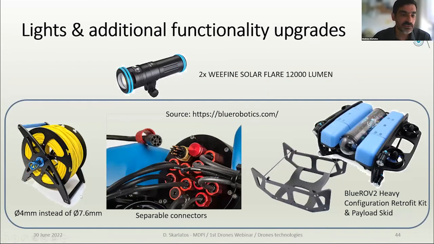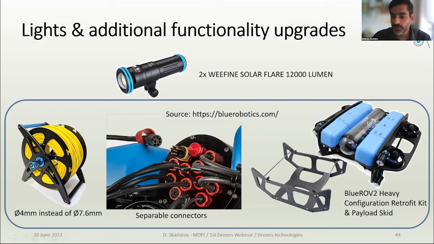Other parts include a much thinner tether, to reduce the drag, and separate connectors on the back of the ROV. So these are separable connectors, so we can separate the tether from the ROV, and we don't need to have a huge box with the tether and the ROV.